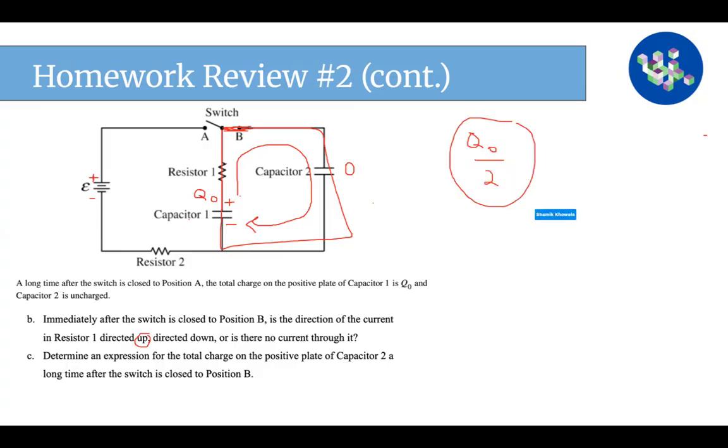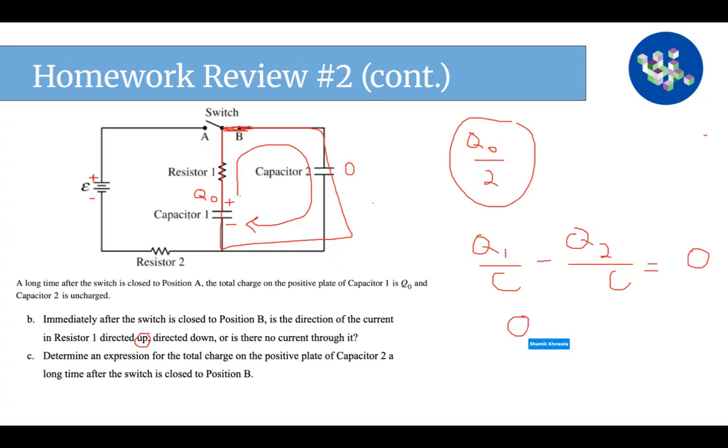This also arises from the voltage loop rule. We can say that Q1 over C is the voltage across capacitor 1, minus Q2 over C, the voltage across capacitor 2, equals 0.